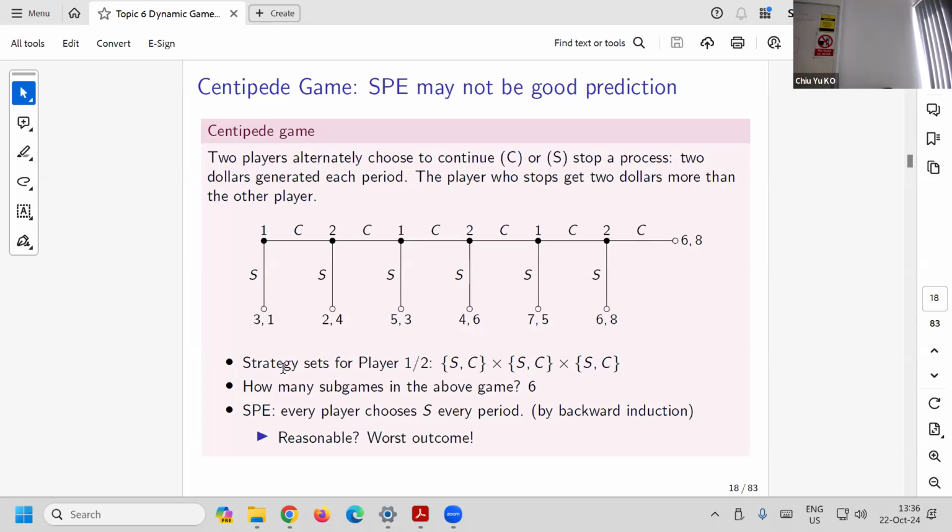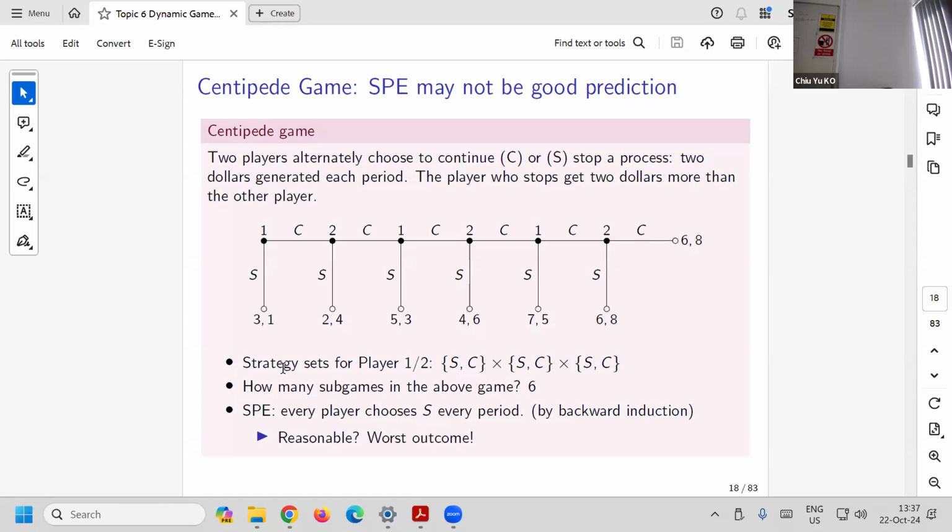So the question would be, what will be the subgames? Because from the backward you get 1, 2, 3, 4, 5, 6 subgames, including the whole game. The last one doesn't really matter, right? It should be 7-7, because at the end they probably split equally, or we can make X6 the same.